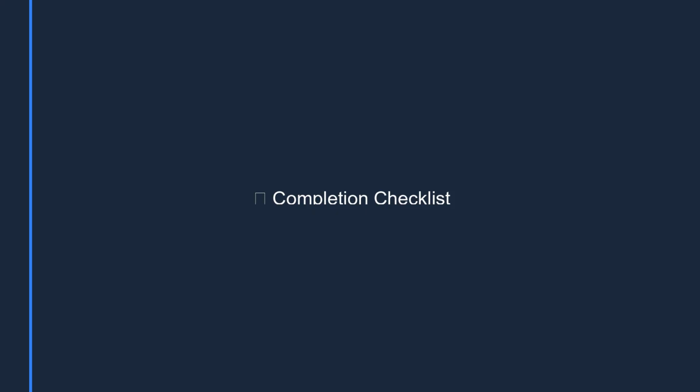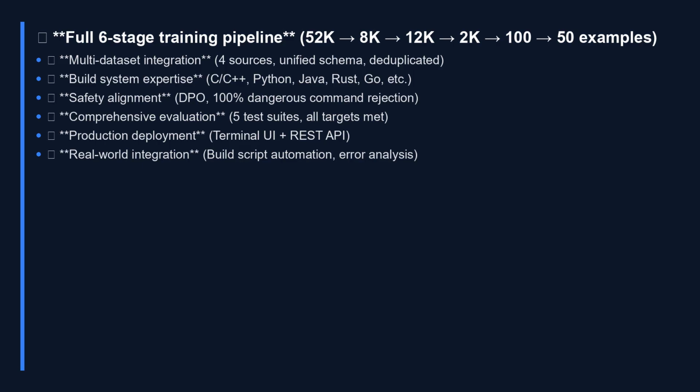Completion checklist. With module 8 complete, it covered the full arc from raw data to production system. You built a 6-stage training pipeline working through 52,000 examples down to a final 50 example refinement pass. You integrated 4 dataset sources into a unified deduplicated schema.